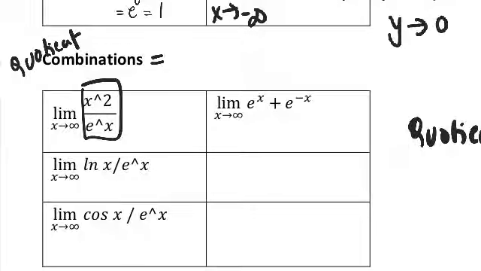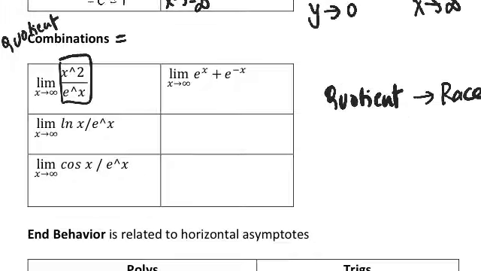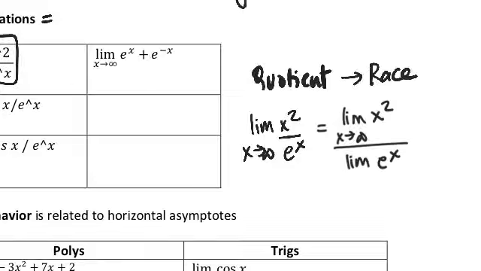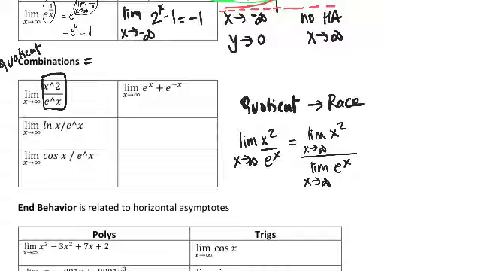So if you look at something like this one, let me write it out again: limit of x squared over e to the x as x goes to infinity, right? You can think about this as a quotient of limits, like we learned from the limit laws. Neither of the limits is 0, so we can at least start to think about it like this.